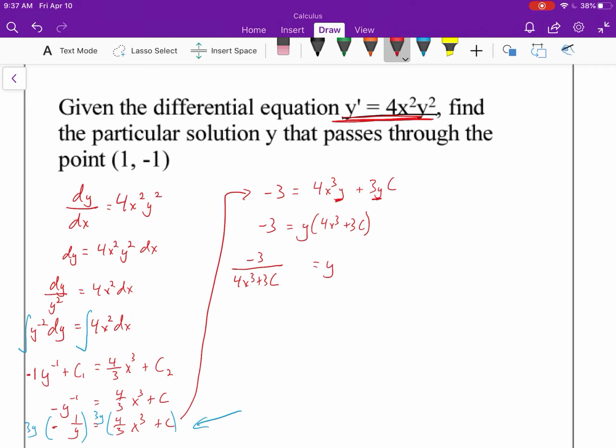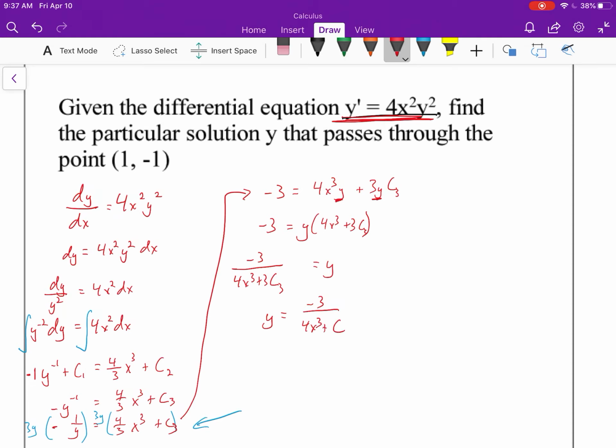Now 3c is just a constant again, so we can put another c value, and maybe we should have put a c sub 3 here. I thought we were done dealing with a c, but we're changing it again. So y equals negative 3 over 4x cubed plus some c value.